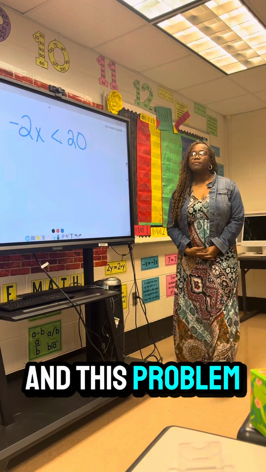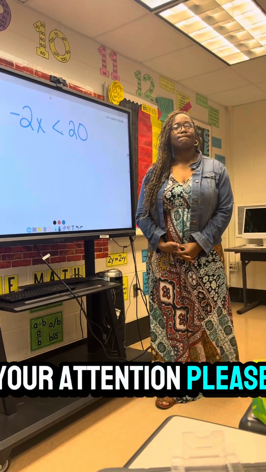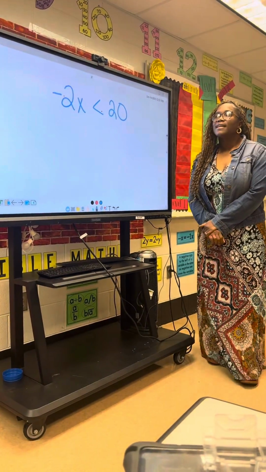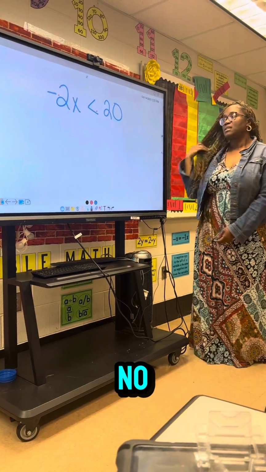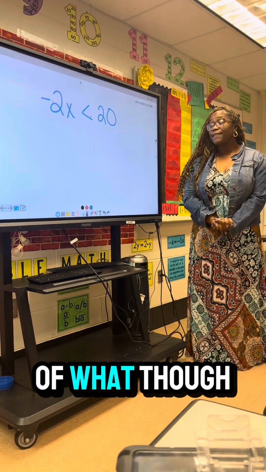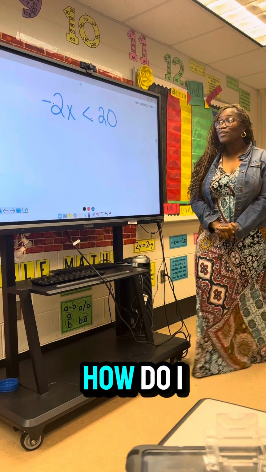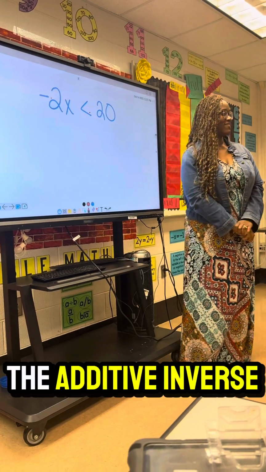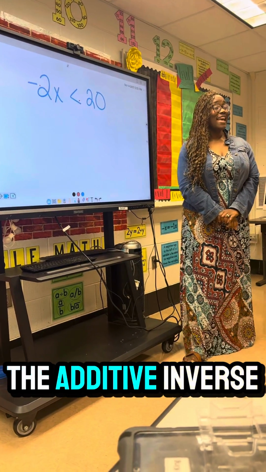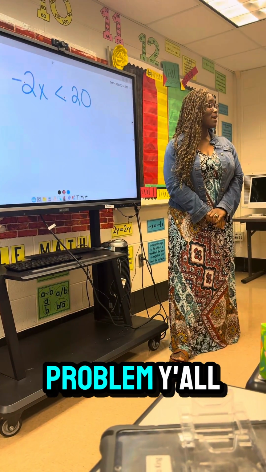And this problem. May I have your attention, please? Pause. Please. Okay. Is X happy? No. It's not. Because of what though? The negative 2. How do I get rid of that, y'all? The additive inverse. What's the additive inverse in this problem?